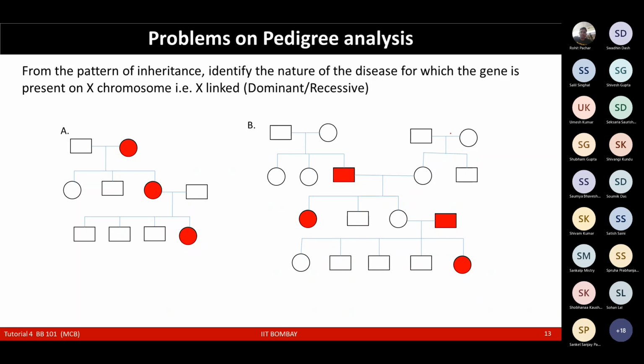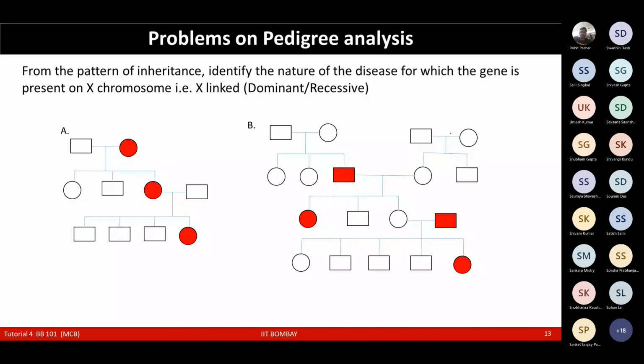In this part we have to guess from A and B, which is X-linked dominant and X-linked recessive. First I'll tell you the definition. X-linked recessive is a genetic condition in which you have mutations in the genes present on the X chromosome.